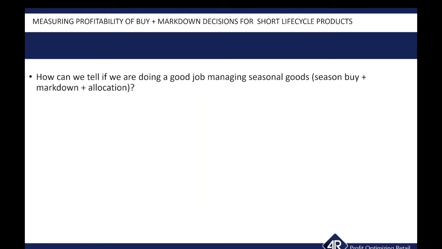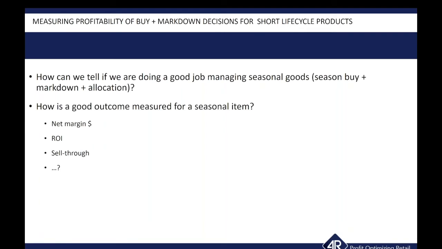So the main question is, how do we know if we're doing a good job? What is the metric that really allows us to determine the performance? Is it the net margin dollars, which is eventually the ultimate contribution to the bottom line? Or is it the return on investment? Or is it sell-through?